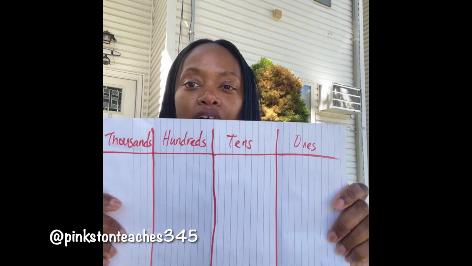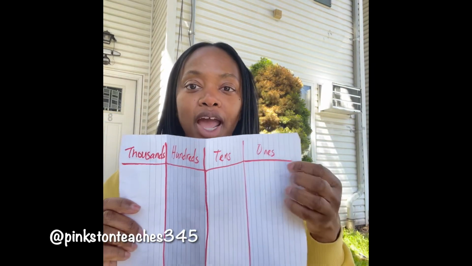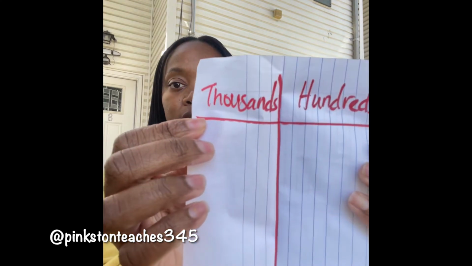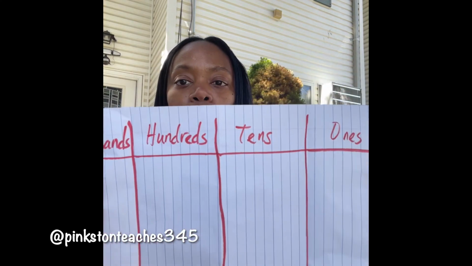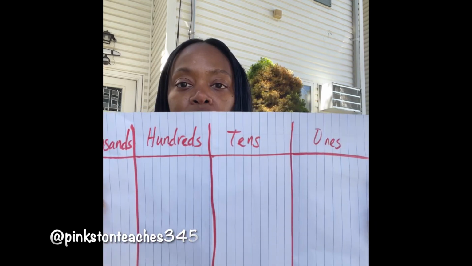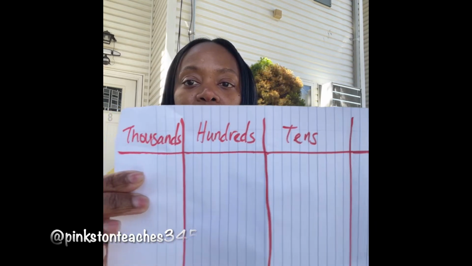You fold it and you create your place value chart. I have the place value up to the thousands place. So I go from ones to thousands. So you have ones, tens, hundreds, and thousands, right? Fold it up, you draw your lines, you create that chart.